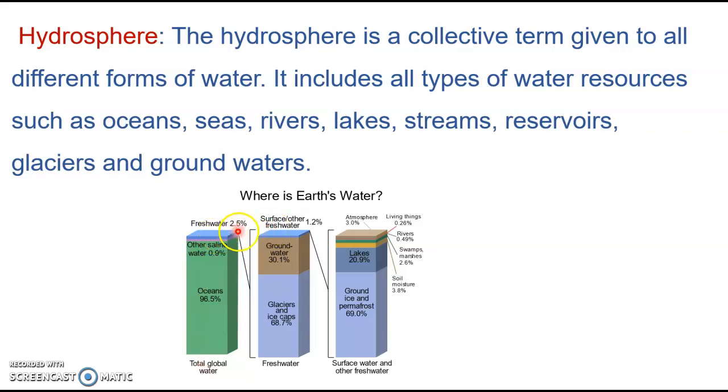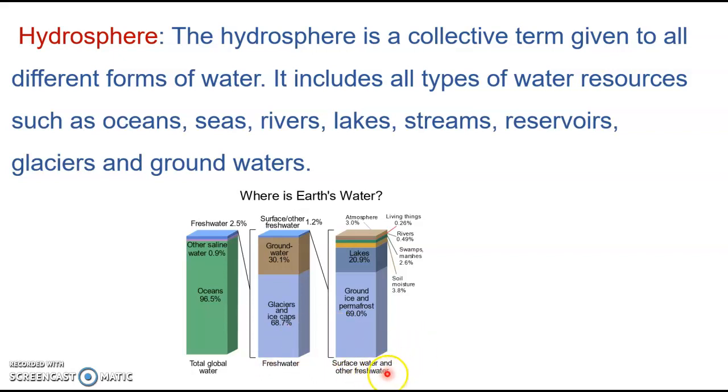And considering this 2.5% of fresh water, about 67% is found as glaciers and ice caps, and 30.1% is found as groundwater. And there is only 1.2% of surface water.